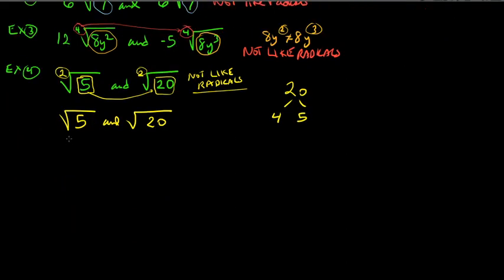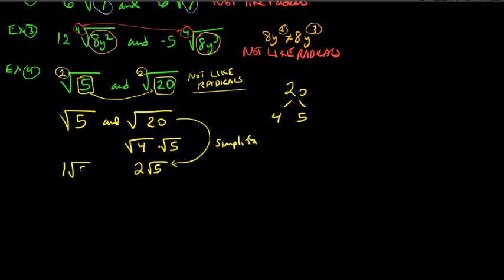So if I rewrite the square root of 20 as the square root of 4 times the square root of 5, notice that the square root of 4 is 2. So the square root of 20 is really just 2 times the square root of 5. We had to simplify that first. But after we simplify it, I have 1 times the square root of 5 and 2 times the square root of 5. So now these are like radicals.